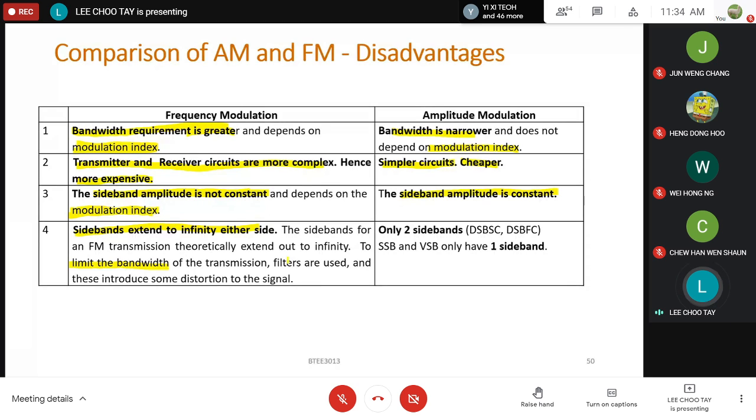To do that, we normally use a bandpass filter, and this filter may introduce some distortion to our FM signal as well, so you have to be careful with your filter design. Whereas for amplitude modulation, only two sidebands are produced. This is true for double sideband suppressed carrier as well as double sideband full carrier signals. But if you use single sideband or vestigial sideband techniques, then only one sideband is produced.